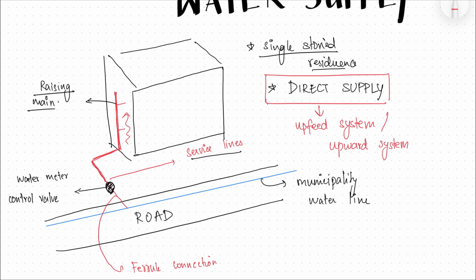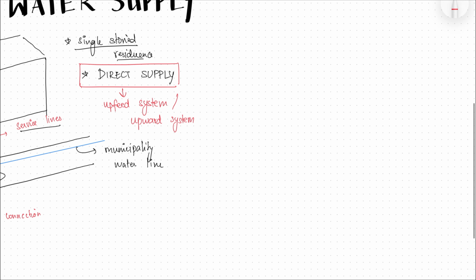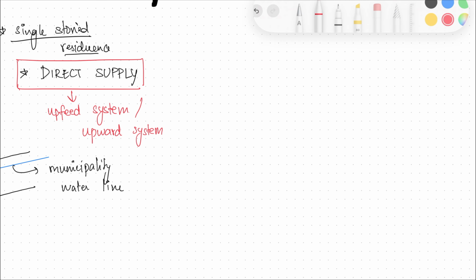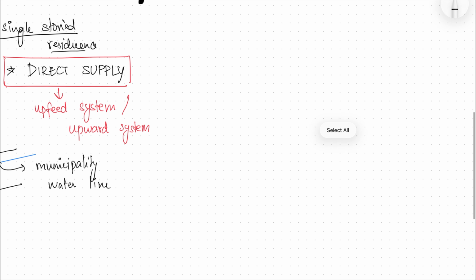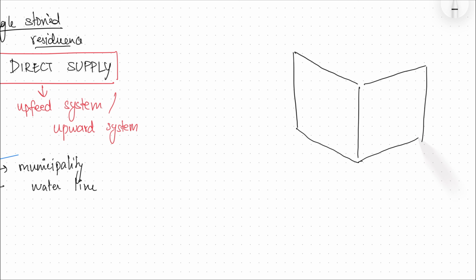Okay, but most often, we do not use the upfeed system or the direct supply because we don't have that great pressure, and neither is our municipality supplying it 24/7. So a lot of residences and a lot of buildings in India use the second system, which is your indirect supply.